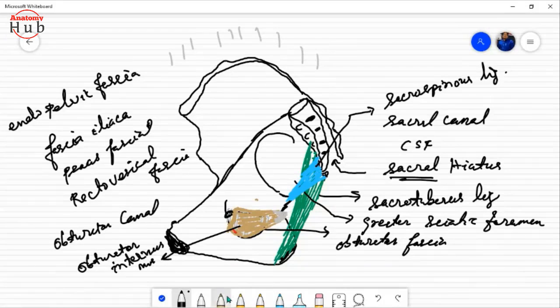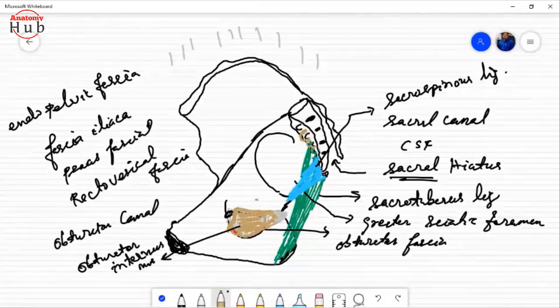So, like that, here you'll find another muscle. As you know, here you'll find an origin point here, an origin point over here, and an origin point over here at the ventral surface of the sacrum between S1 and S2, S2 and S3, S3 and S4, an E-shaped origin you'll find, right? So this is your piriformis muscle.